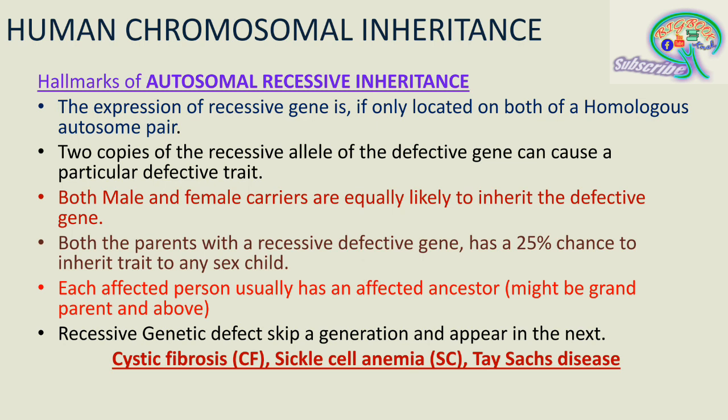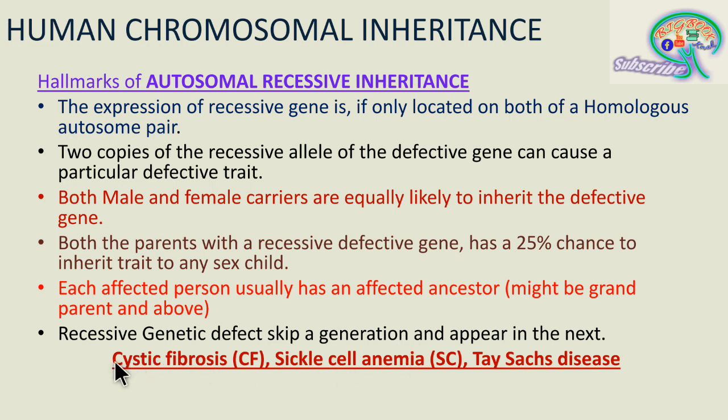So the chance of the appearance of the recessive defective gene will be very low, up to 25% of the overall probability. Because of that, there will be a chance of skipping a generation, depending upon the combination of these two defective recessive genes. So there is a probability of 25%, and the probability of expression is at a very low percentage.